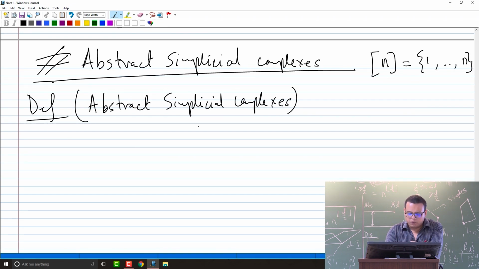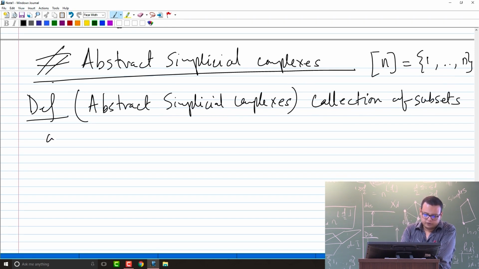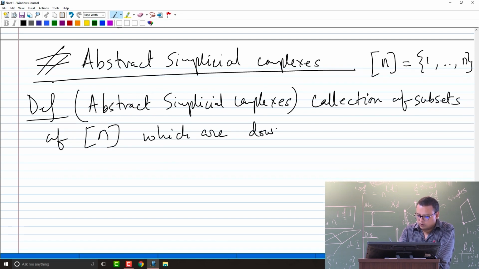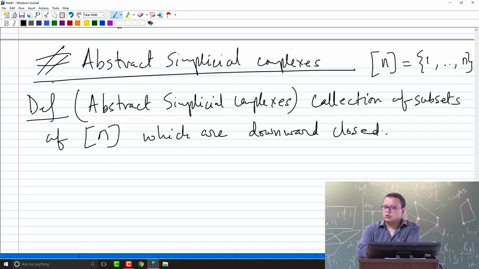Okay. So, what will be an abstract simplicial complex? An abstract simplicial complex will be a collection of subsets of n which are downward closed. That is it.